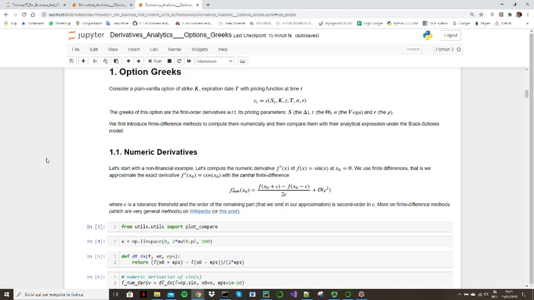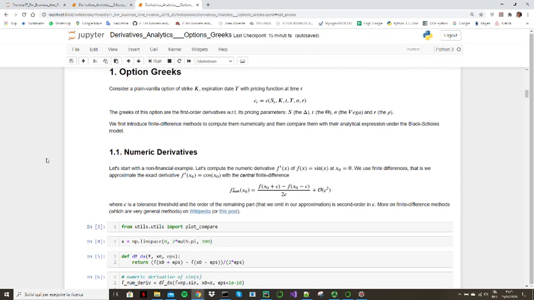Instead, the theta of the plain vanilla option is the derivative of the Black-Scholes pricing function with respect to the elapsed time, and this typically measures the time decay, or the depreciation in value of the option as time elapses.